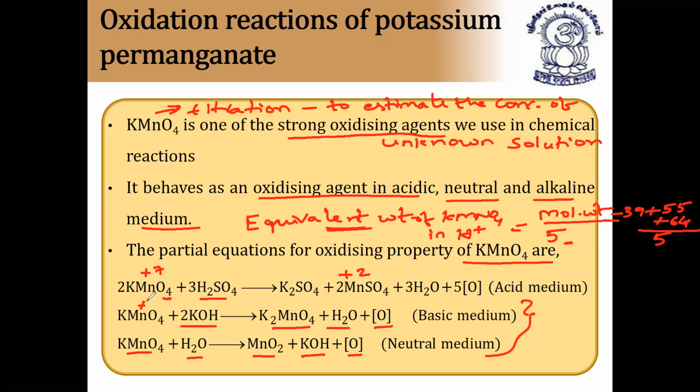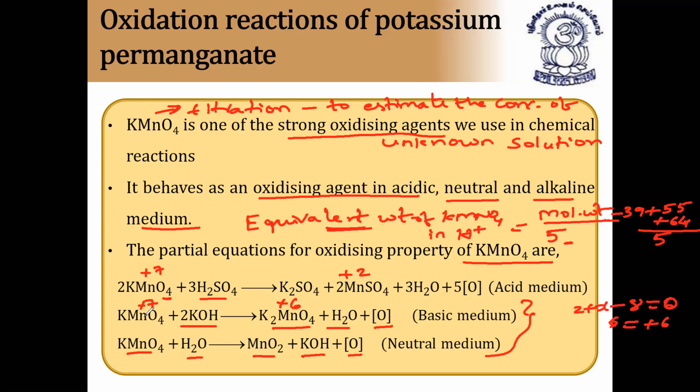Here the oxidation state of manganese is +7 and changes to K2MnO4: 2 plus x minus 8 is equal to 0. So 2 minus 8 is x minus 6, so x is equal to +6. So from +7 it changes to +6.